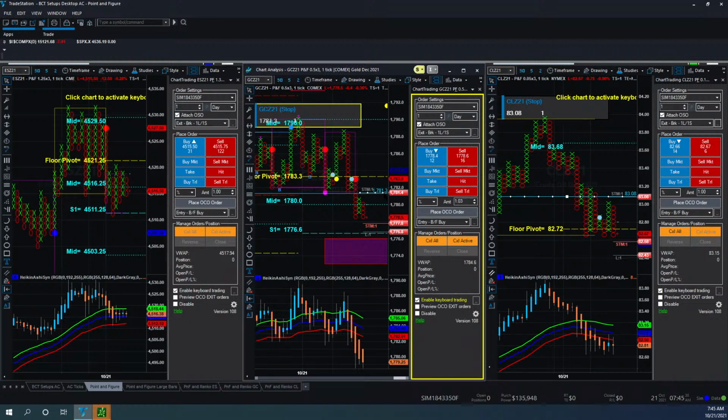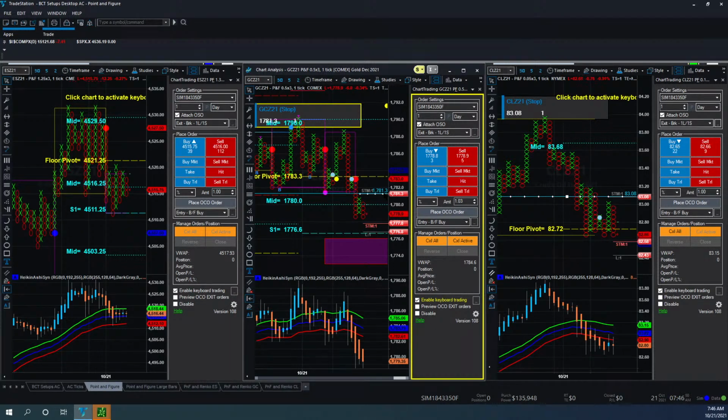Crude is triggering a sell signal in the Renko. Let's see if it breaks. Looking for $100 on target to 1776.6.